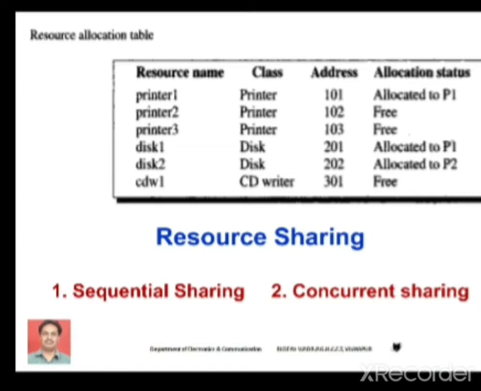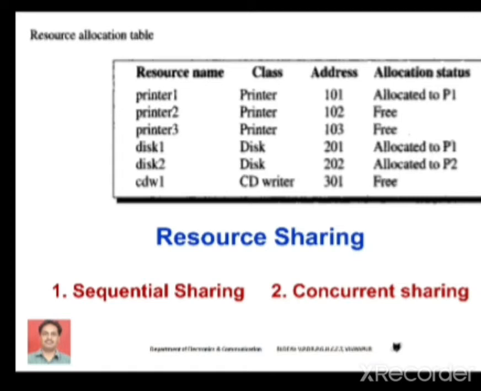Even in real life we get some resources which can be shared sequentially and some which can be shared concurrently. Say, for example, a pen can be shared sequentially. However, a blackboard can be shared concurrently by many of the students.